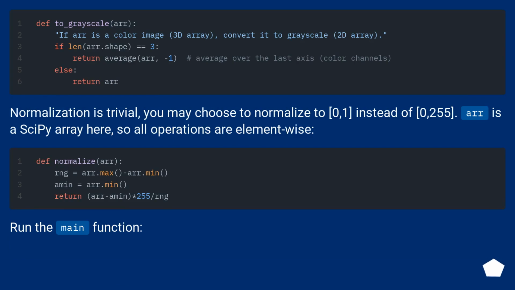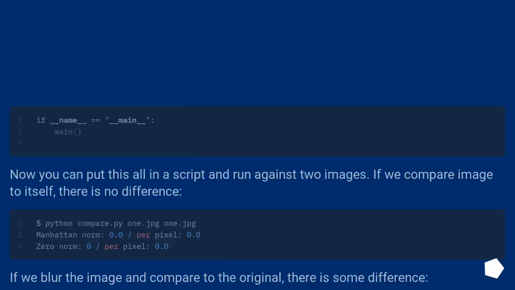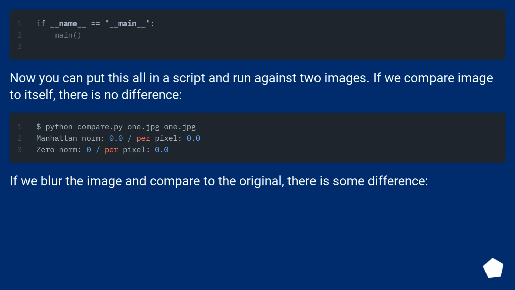Normalization is trivial. You may choose to normalize to [0,1] instead of [0,255]. R is a SciPy array here, so all operations are element-wise. Run the main function. Now you can put this all in a script and run against two images.